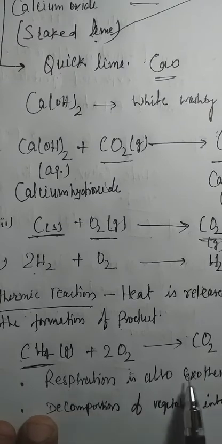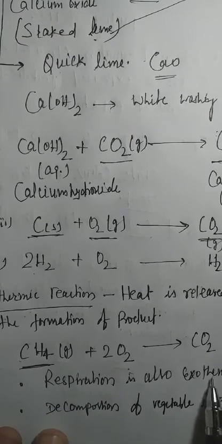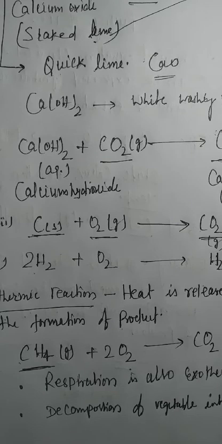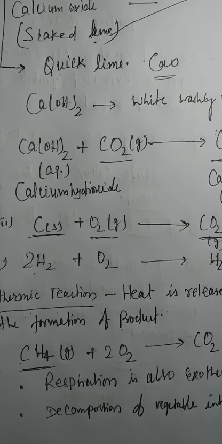The second example is respiration, which is also an exothermic reaction. Next, anything being converted into compost after many processes is also an example of an exothermic reaction. Thank you. We will get back again with a new section on different types of chemical equations and reactions. Thank you.